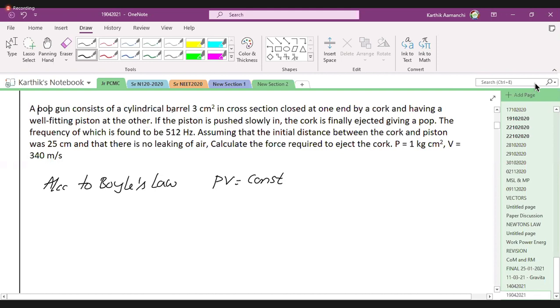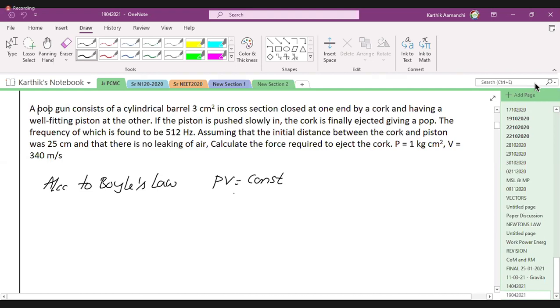Then it is pushed slowly in, the cork is finally ejected, giving a pop. The frequency found to be 512 hertz. Assuming that the initial distance between cork and the piston was 25, there is no leakage of air.